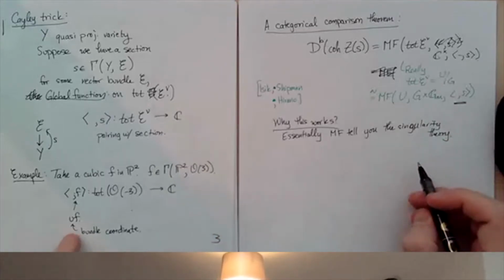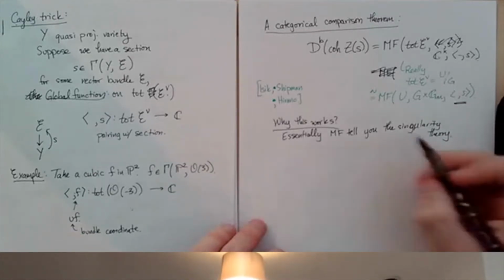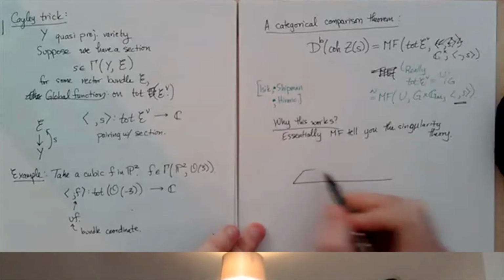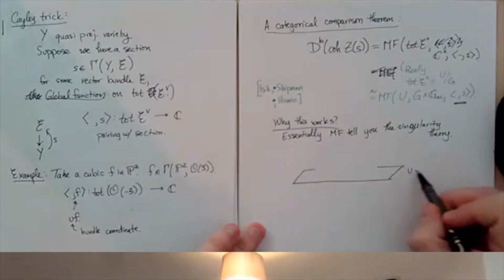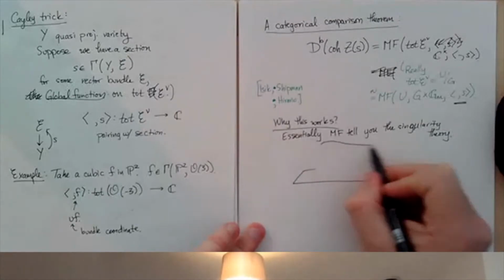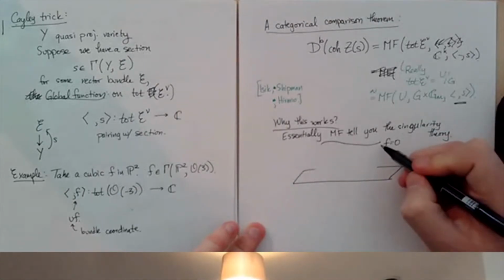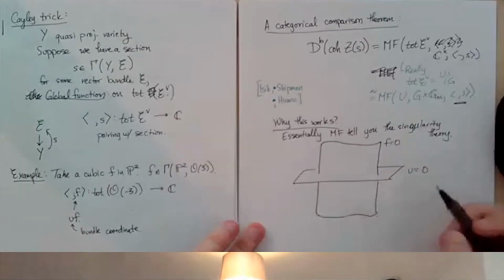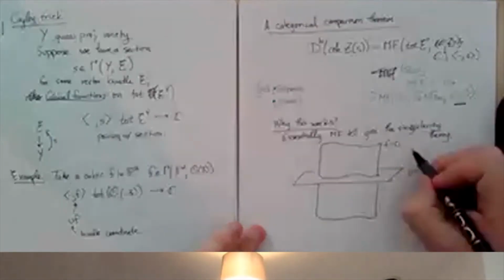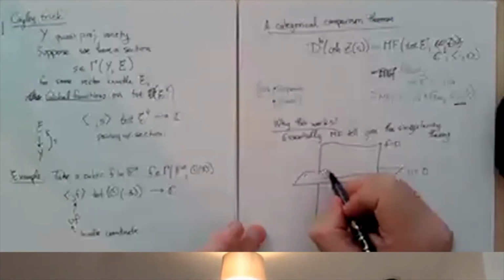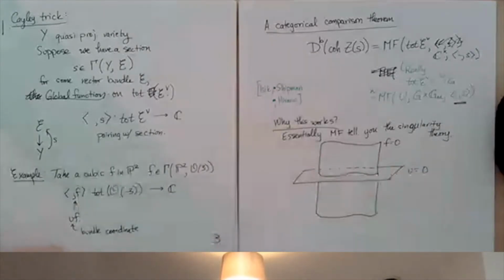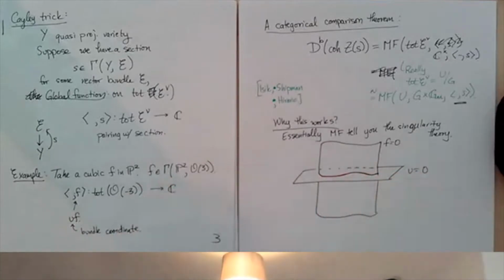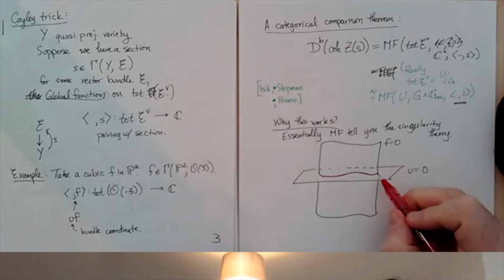If I look at it in this example of UF, it looks like the following. The zero locus of this thing is exactly the zero section when U is equal to 0. But then F is equal to 0, and U can be whatever it wants to be, right? So these intersect at some point where U is equal to F, right? So we end up with this piece here that is exactly where F vanishes and U vanishes. So it looks exactly like the zero locus of the function F.